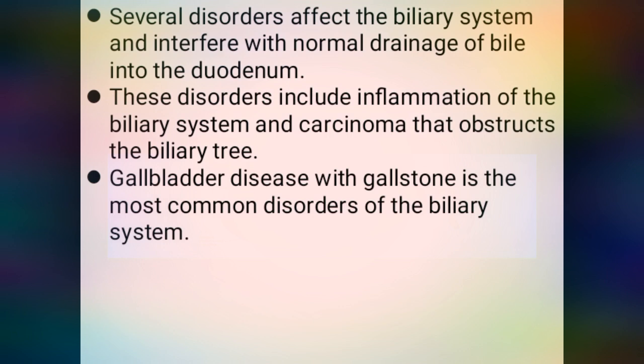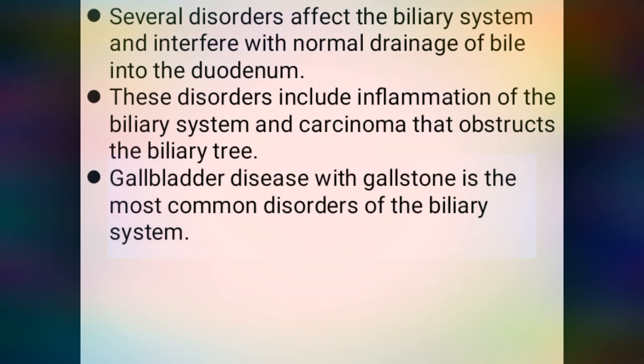The gallbladder is the storage of the bile, which is secreted from the liver, so that it can be distributed into the duodenum to aid in digestion. Disorders that affect the biliary system, which is the gallbladder, interfere with the drainage of this bile.